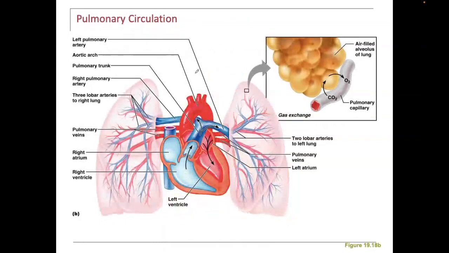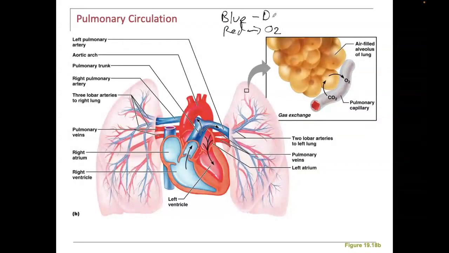Now let's take a look at the relationship here between the heart and the lungs. Now notice when we look at the heart, you're going to see two different colors. We see blue and we see red. When we see red blood, I want you to think it's oxygenated.